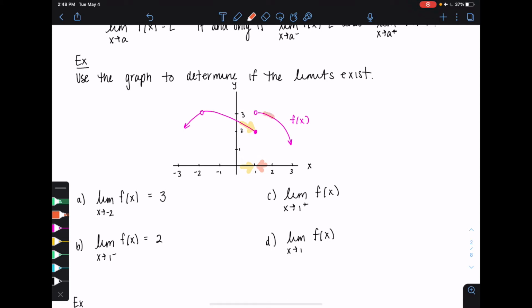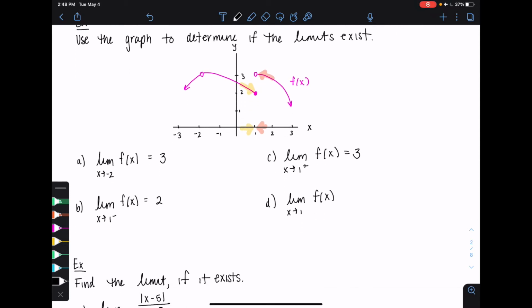And if I'm picking numbers bigger than 1, I'm on this part of the graph coming in from the right. So my y values are getting closer and closer to 3. So ultimately, if I don't indicate a direction and I just put 1, that means both sides. This does not exist, since the left and right hand limits are not equal.